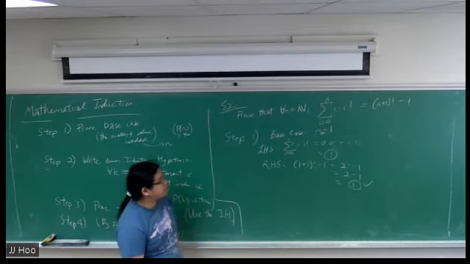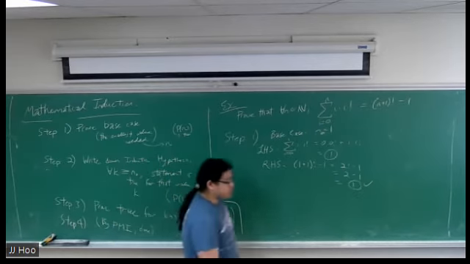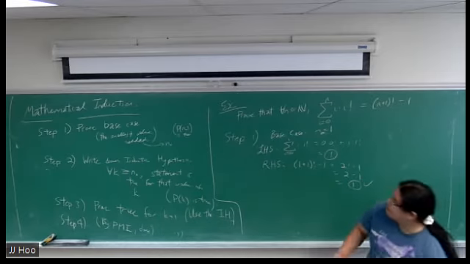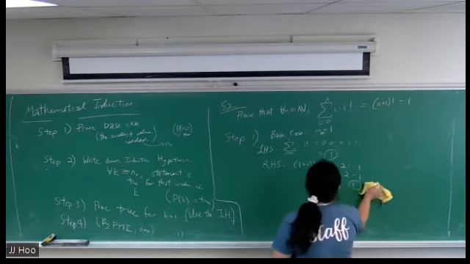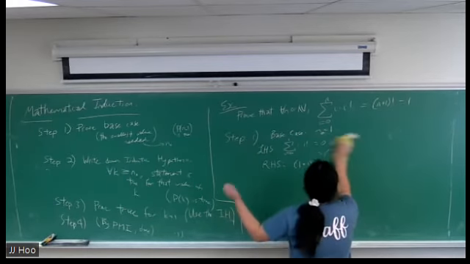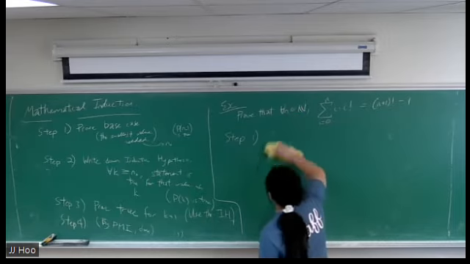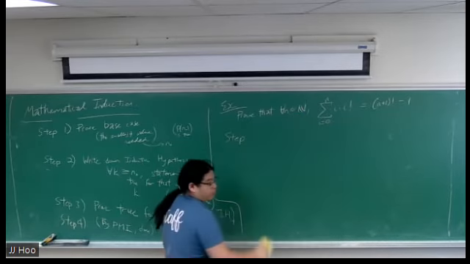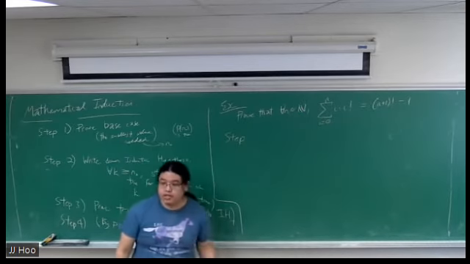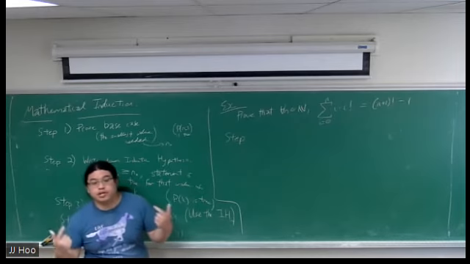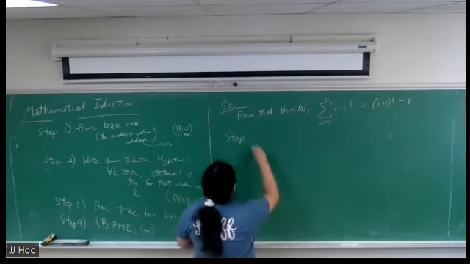In the interest of space, I'm going to erase this now so that we can start with denoting what our inductive hypothesis is. But again, as you can see, the base case is always pretty easy, right? Either you do it directly, or you just compute the left-hand side, compute the right-hand side, and show they're equal. It's really not that bad.